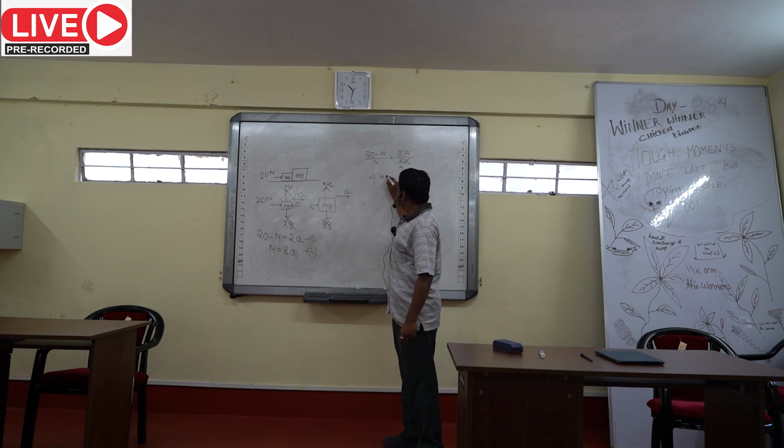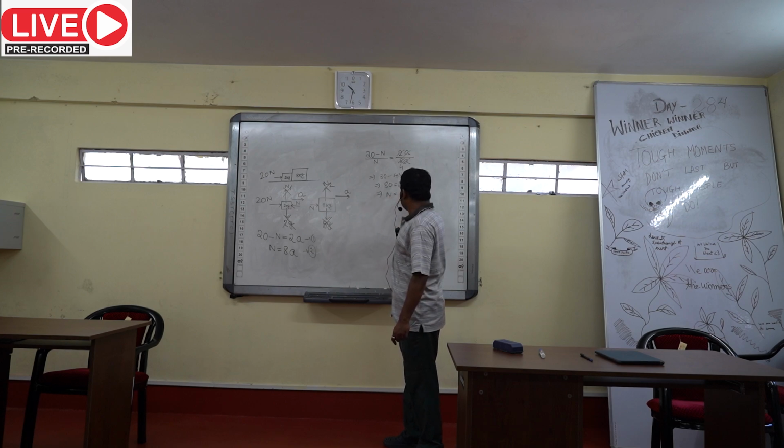So it will be 40 minus... 80, sorry. 80 minus 4N equal to N. So 80 will be equal to 5N. So N is coming 16.